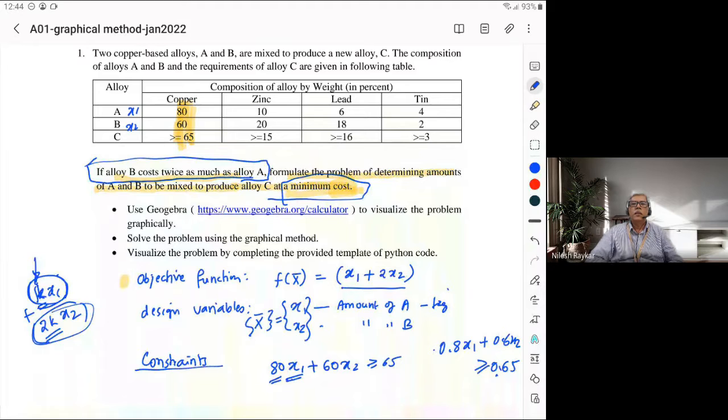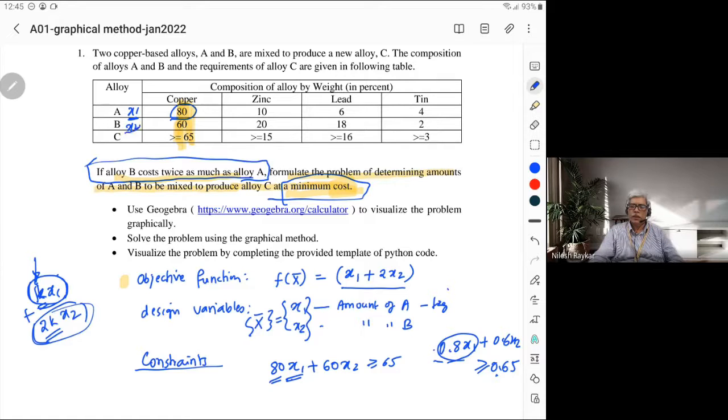Okay, so do others agree with this? Ganesh has given his answer. Does anybody have any other thoughts on that? So out of alloy A, which is x1 as a fraction, it will have 0.8 times x1 amount of copper.